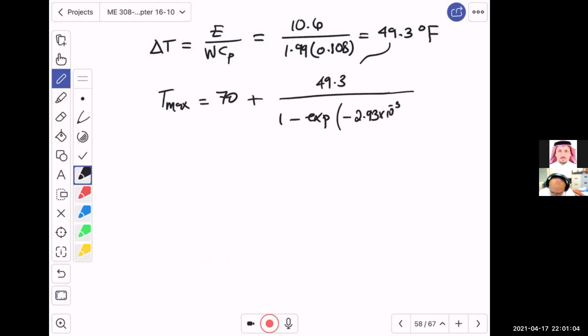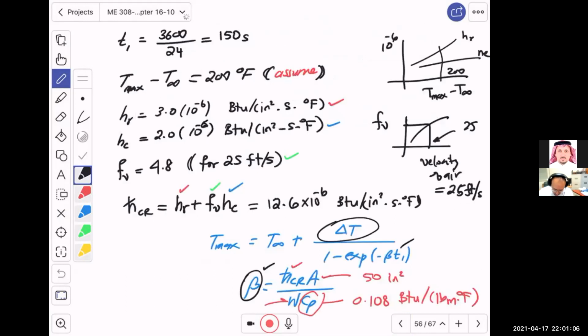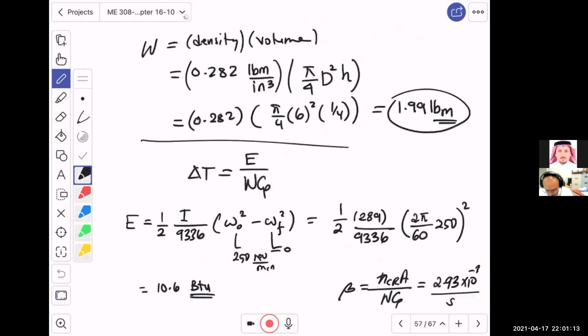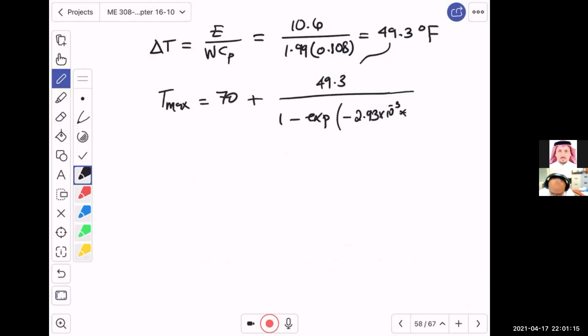And if you recall from the beginning, we said that T1 is equal to 150 seconds. So we will multiply this by 150. And how much did we get? We got T maximum equal to 209 degrees Fahrenheit.